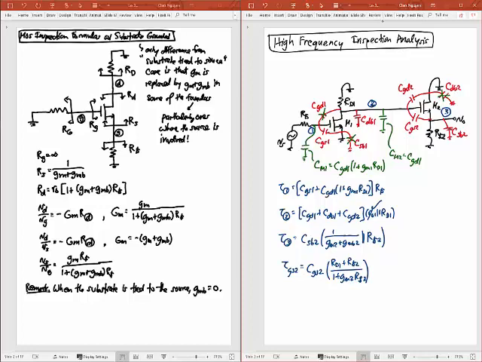Whoops. But that has to be in parallel then. Oh no, that's just it. Wait, let me be more accurate here since I did that above. That's gM2 plus gmb2 times the RS2. I'm trying to put that line down the S to make it capital.